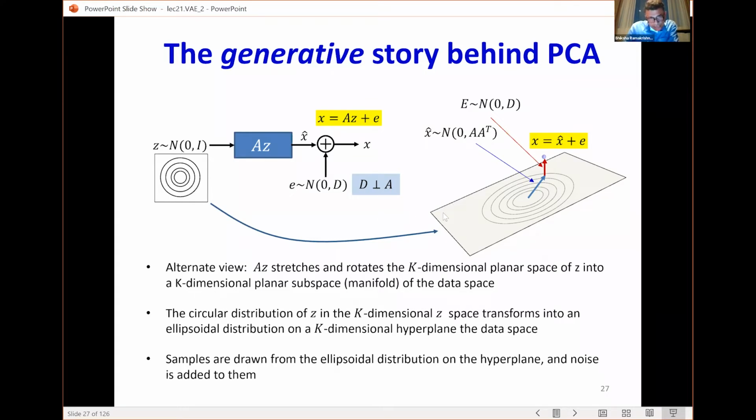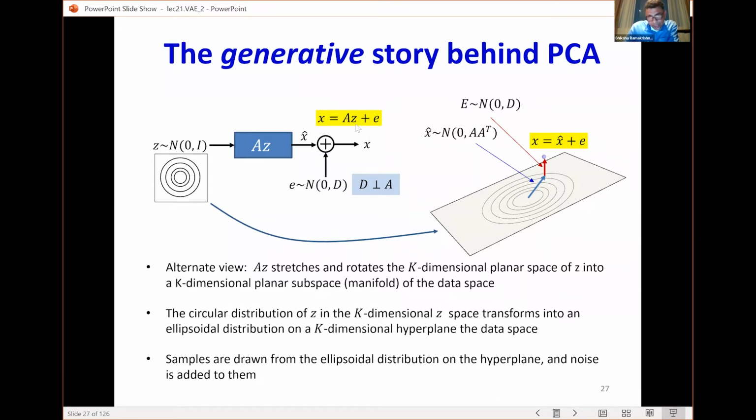So the generative model says that the actual data are generated by taking a Gaussian step on the subspace according to this transformed Gaussian, and then adding Gaussian noise, which is always orthogonal to the subspace. And so you're getting x equals A times z, which is x hat, plus e.